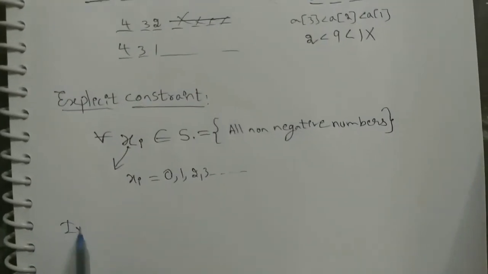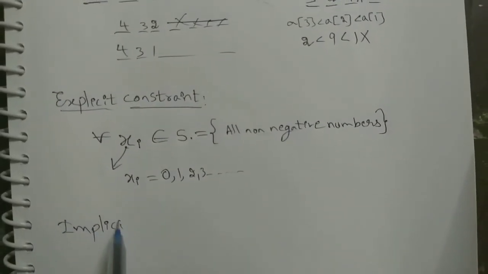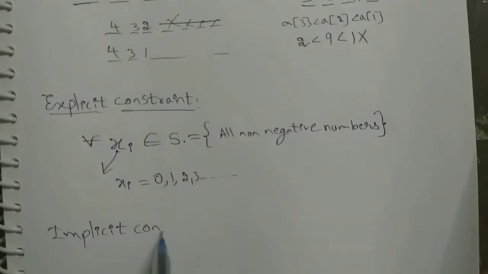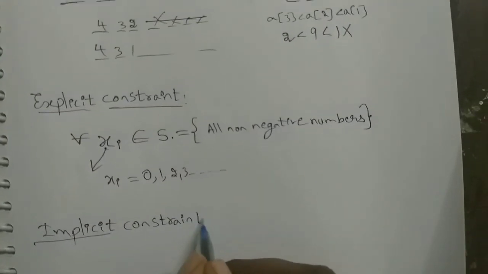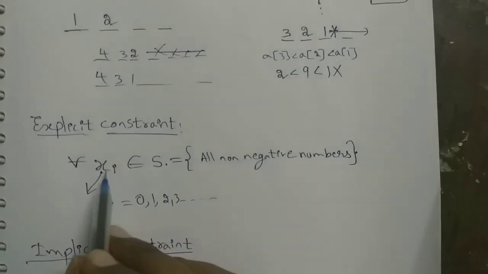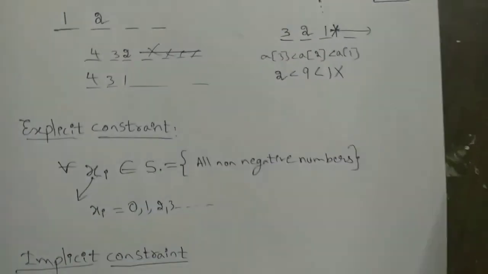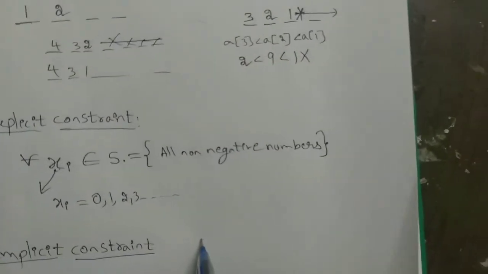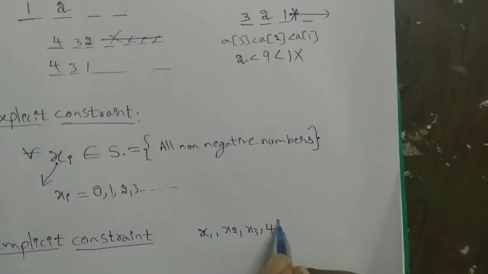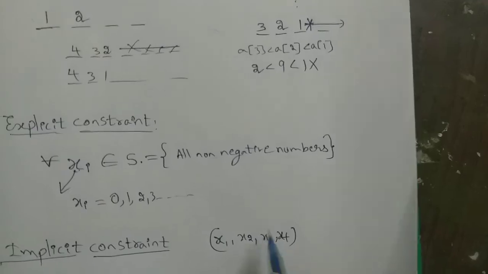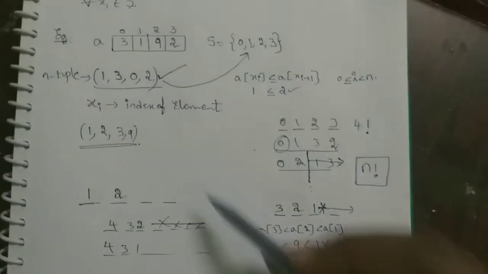And what is an implicit constraint? Implicit constraints tell us the relationship between each xi. For example, x1, x2, x3 and x4. An n-tuple solution is used to represent the above sorting problem, right?